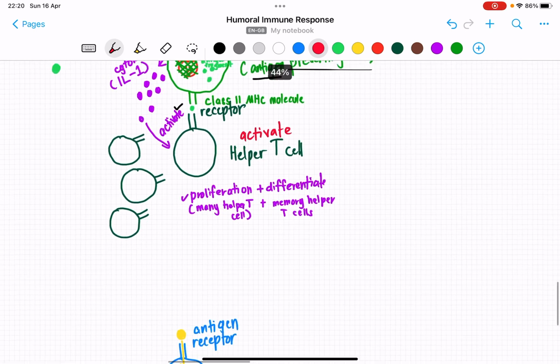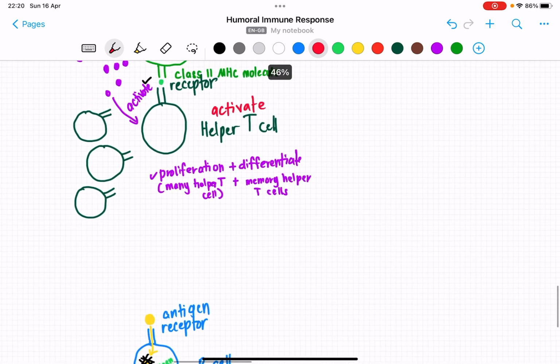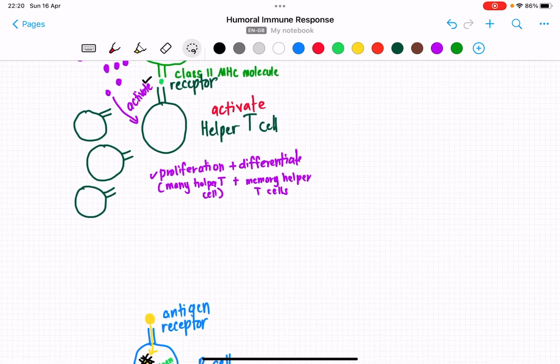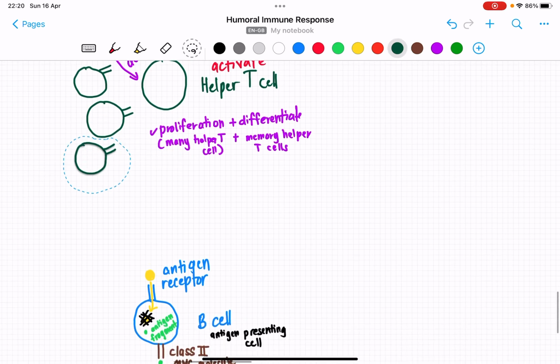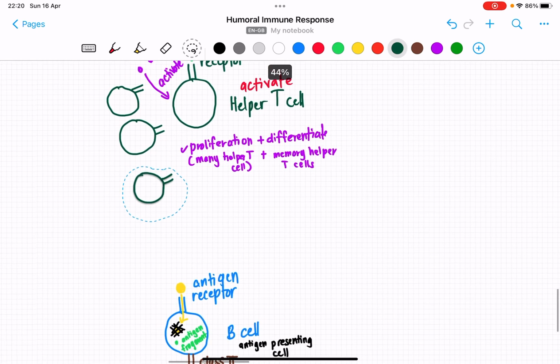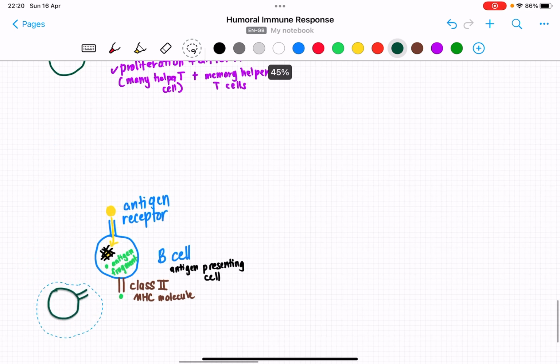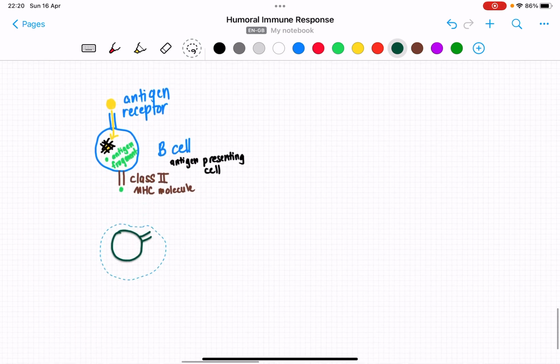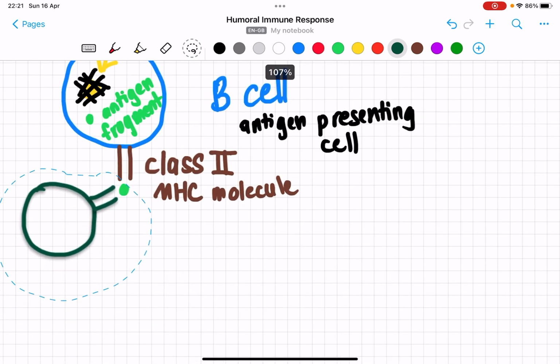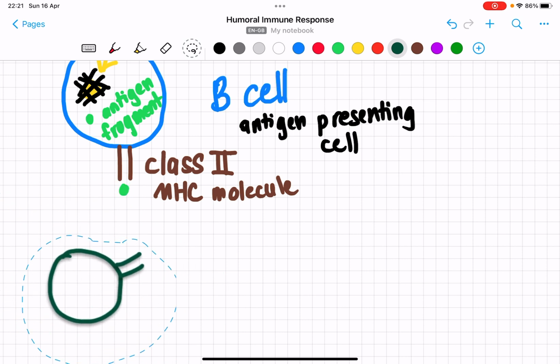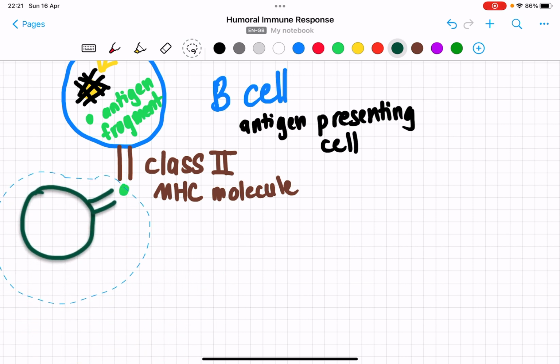Activated helper T cell will come and bind to the class 2 MHC molecule with antigen fragment on its surface. It's going to come and bind to the class 2 MHC molecule.